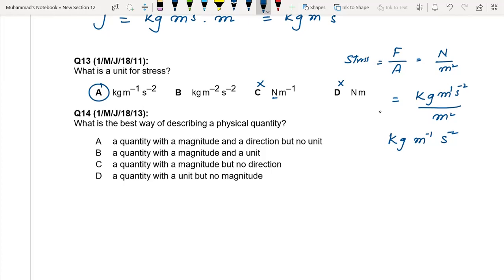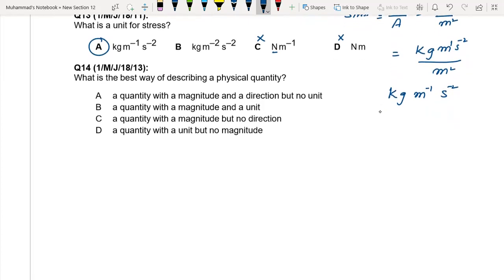So what is the best way of describing a physical quantity? A quantity with magnitude and a direction, but no unit. No, a physical quantity should have a unit. Without a unit, we cannot describe a physical quantity.